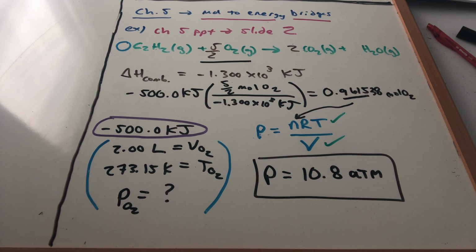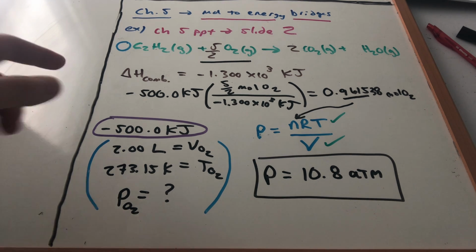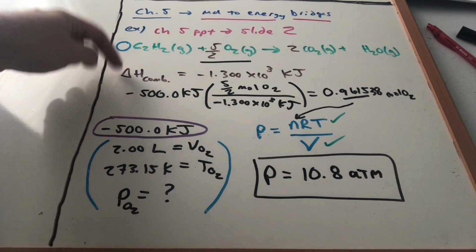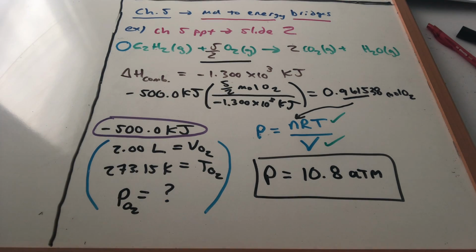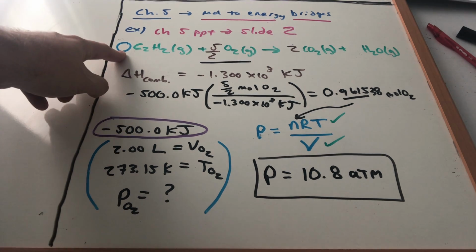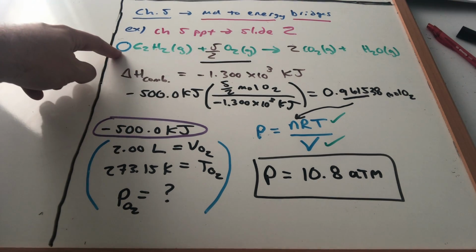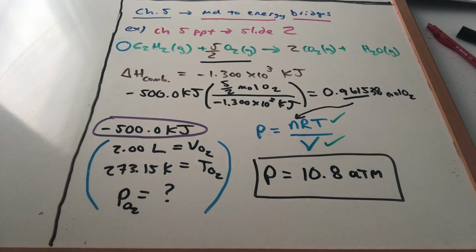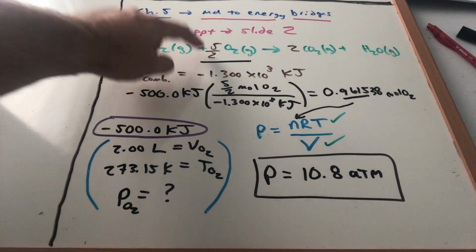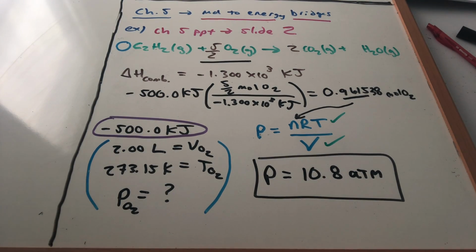The new thing, and the thing that we have to realize, is that these delta H's written aside of a reaction generate this mole to energy relationship. And if you're given a delta H of combustion, delta H for any reaction, it's per 1 mole of the species being referenced. So we make sure if this is the combustion of acetylene that there's a 1 there. And sometimes that means we have to introduce fractions to our stoichiometric coefficients, okay?